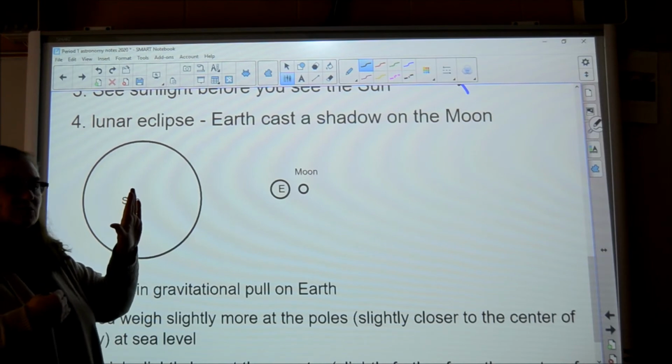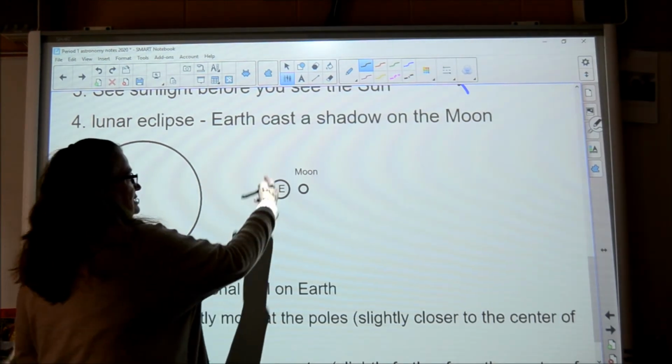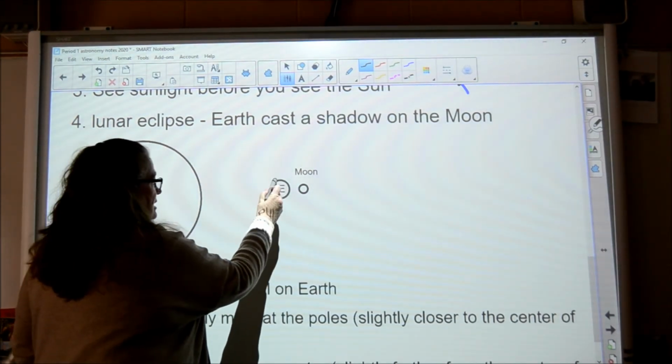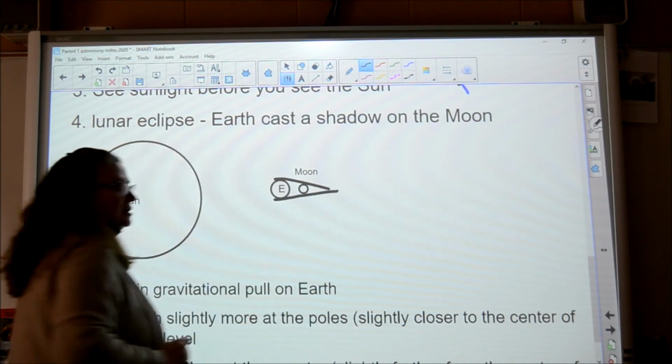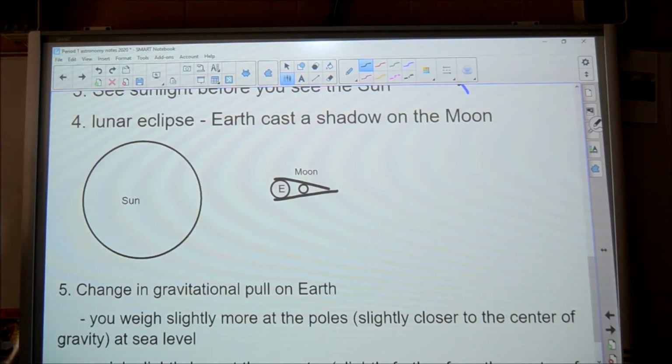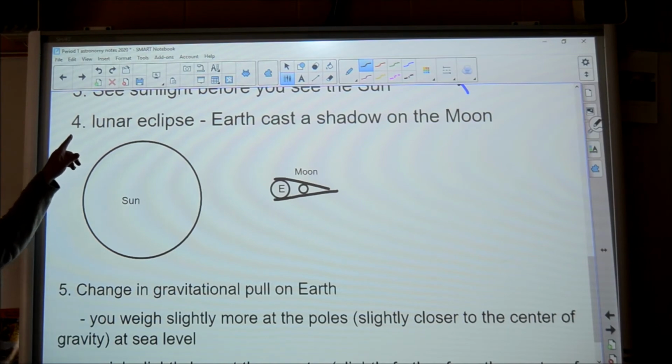The opposite side will be dark. So the Earth, being larger, is actually casting a shadow on the moon. And we'll look at this later on when we talk about the moon. We can actually see, as the moon comes in the Earth's shadow, the curvature of our Earth.